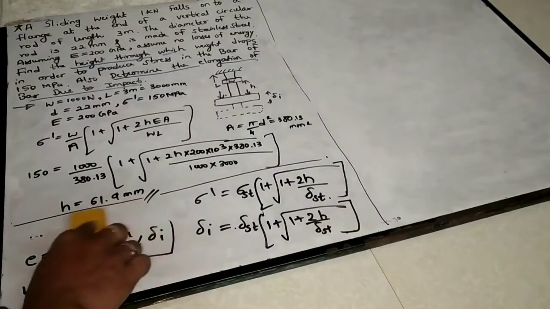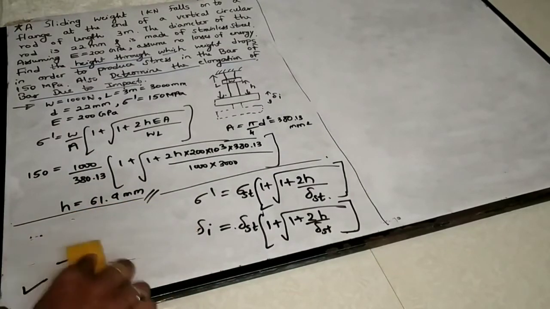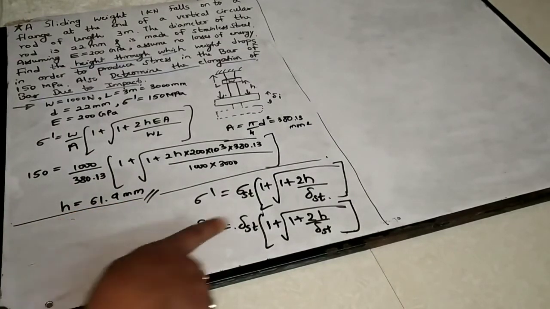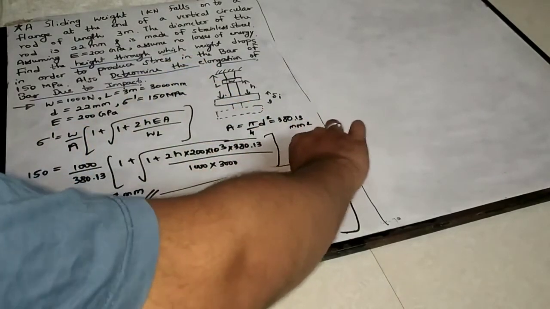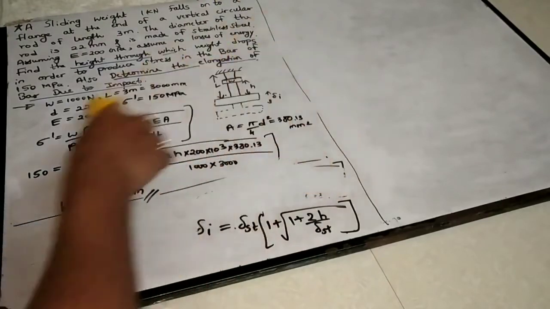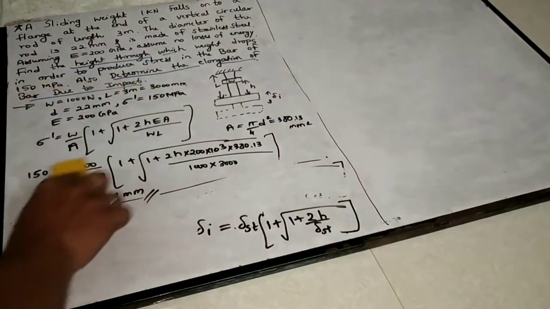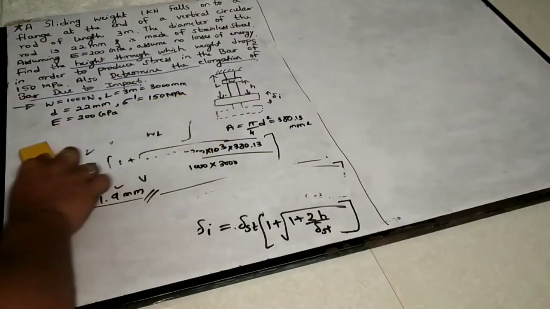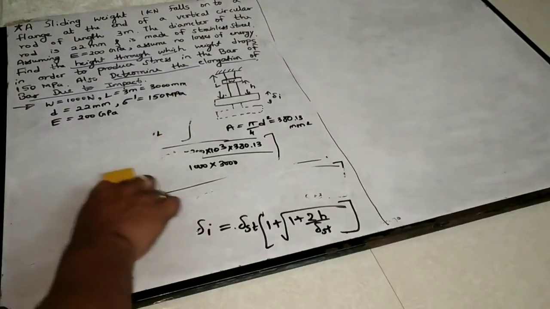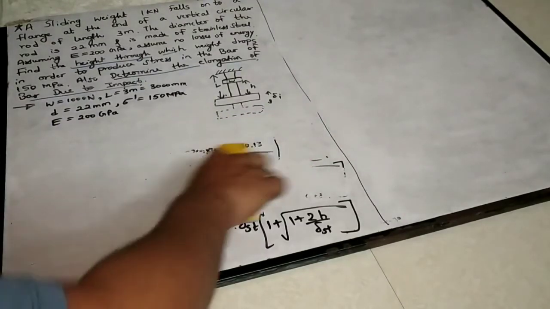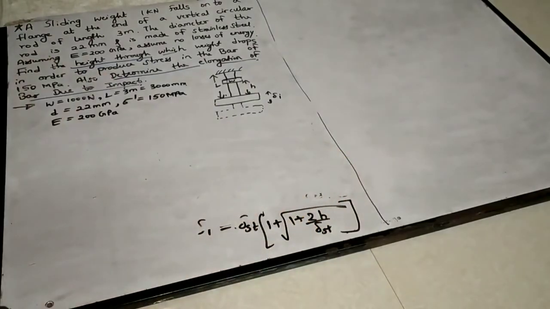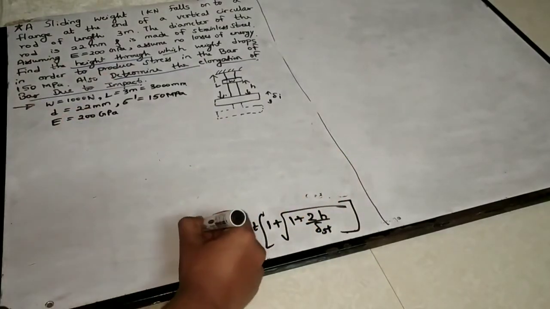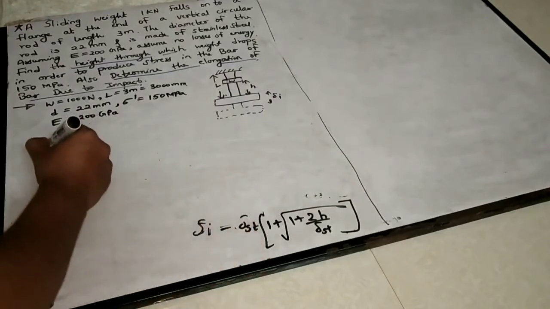So let me remove this. What we require now is only this final relation. So I assume that this we have taken. So let me remove. So here once again I will be writing this.